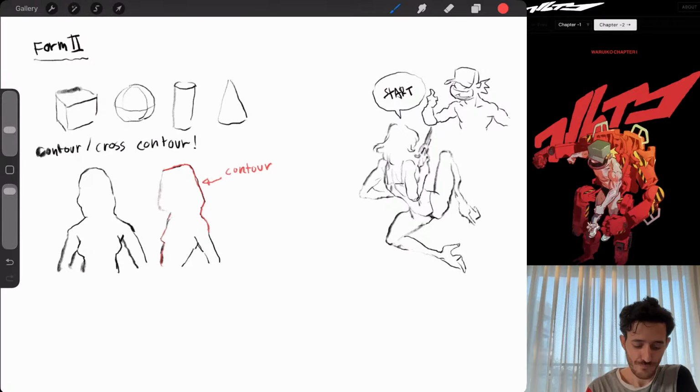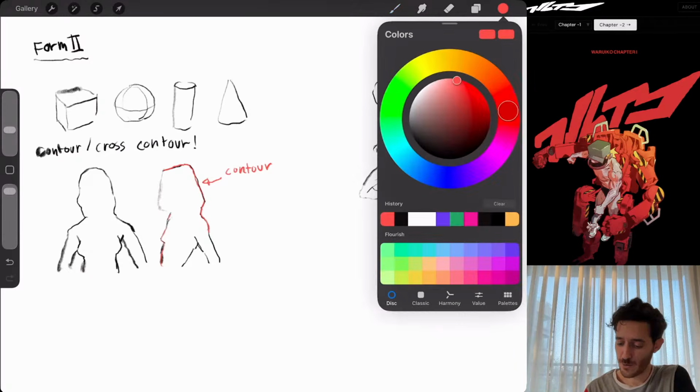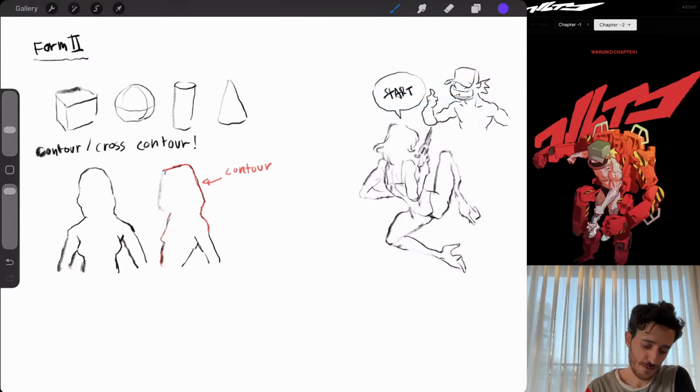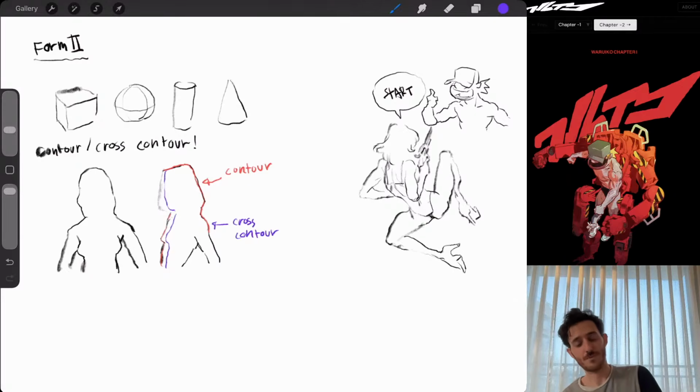Now, everything that crosses the contour, like so, can further define the form on the inside, is called the cross contour. Right?